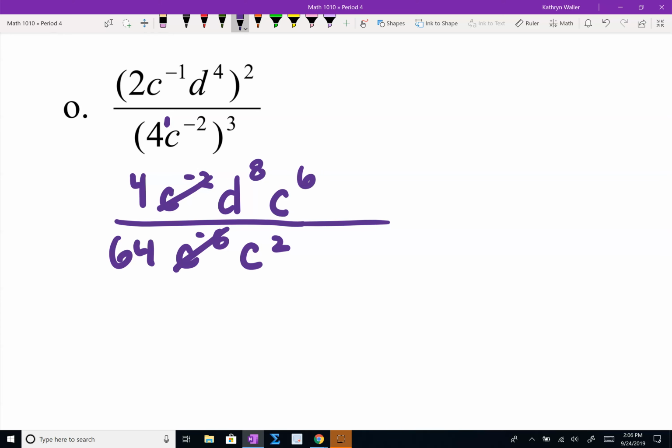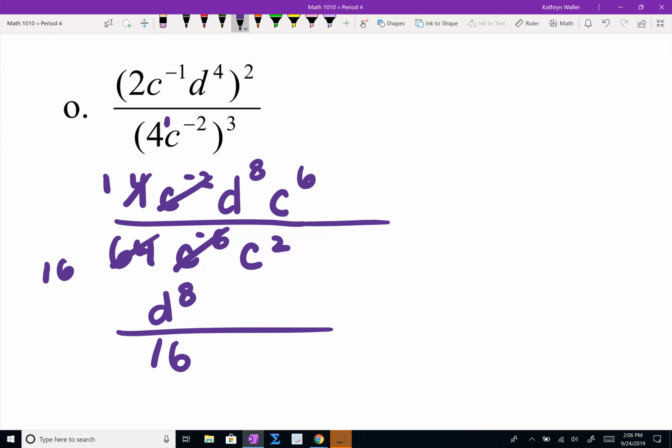Never cancel negatives. You just move them and then evaluate. 4 and 64. 4 goes into both of those. 4 goes into 4 once. 4 goes into 64 16 times, I believe. So on the bottom, you have a 16. On the top, you have a D to the 8th.